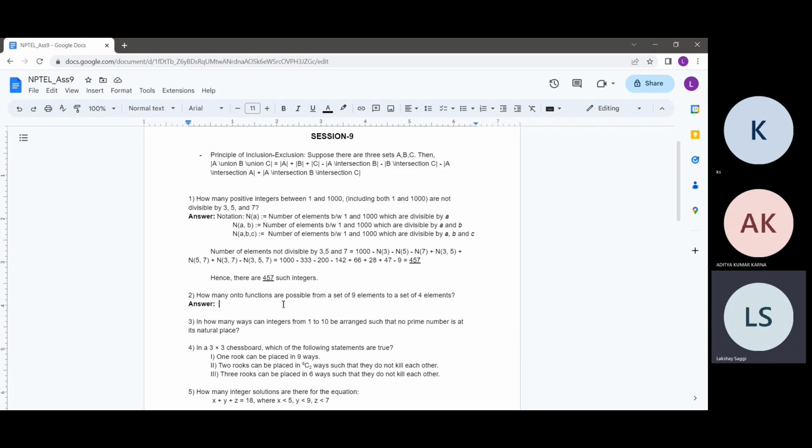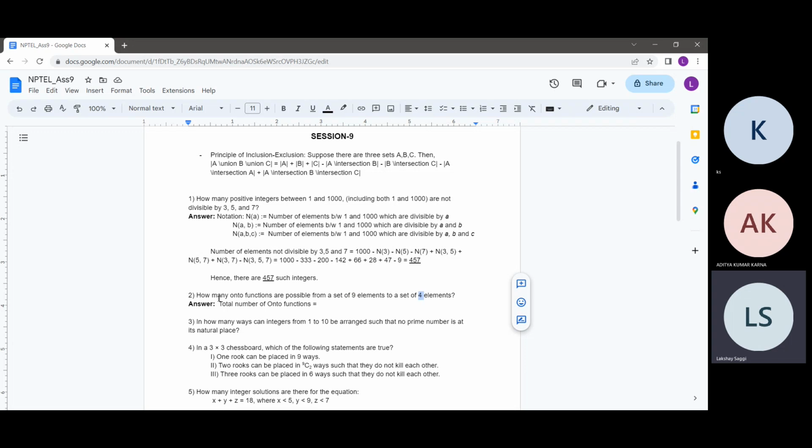So for this, I need to find the total number of onto functions. What I can do in this case is, we know the total number of functions, right? Each of these 9 elements has these 4 choices to be mapped. There are 9 elements in the domain and 4 elements in the codomain.